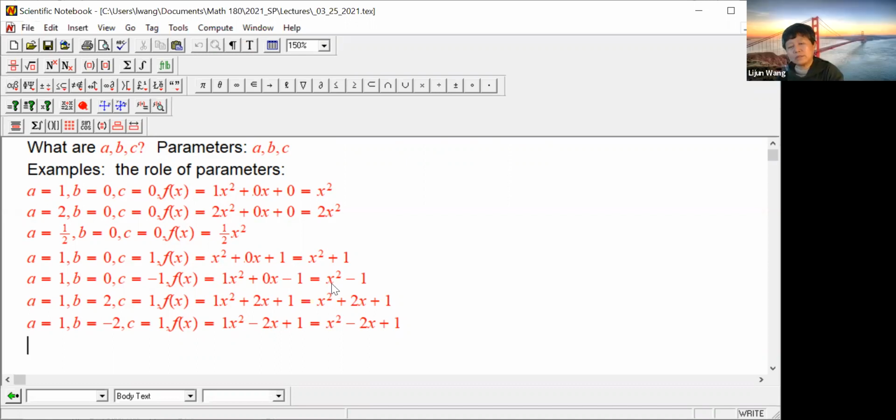Now the question is, if we call this kind of function a class of functions, because a quadratic function is a class of functions, it includes all of these special cases. We can see these are all special cases of quadratic functions. What do they have in common? That's what we want to study.